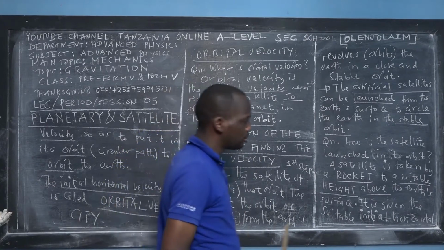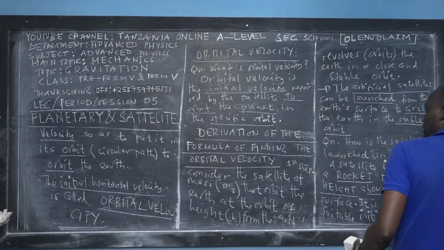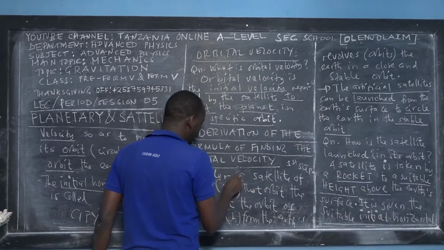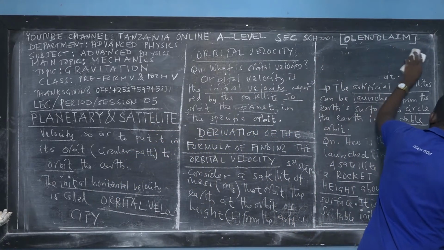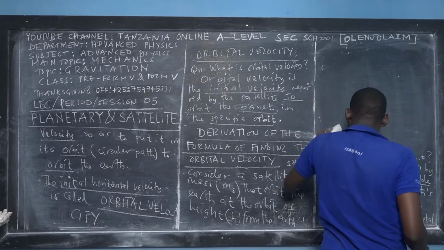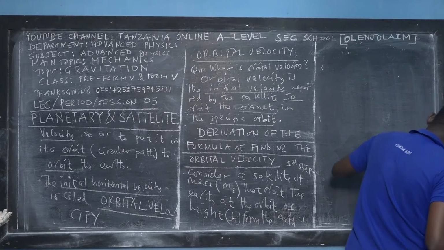You need to have a sketch of that circular orbit, so consider a satellite of mass ms revolving around the Earth at a height of h from the Earth's surface.